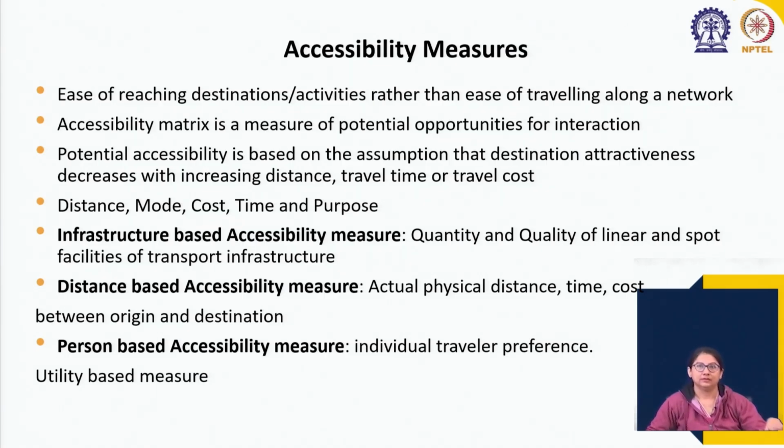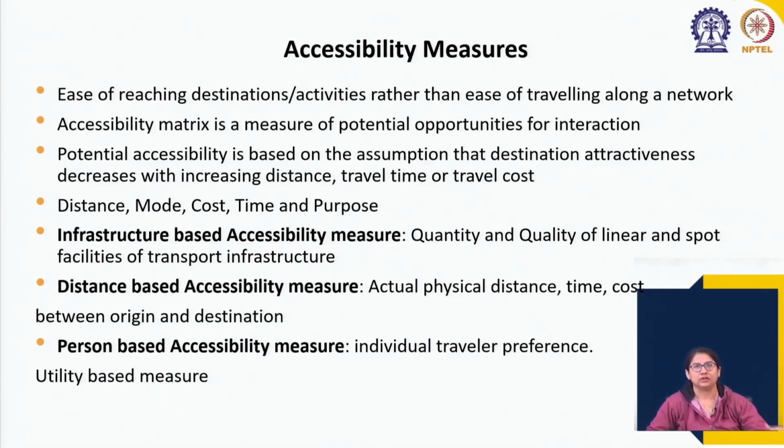Of the major types of measures of accessibility, we can categorize them into 4 categories. The first one is the infrastructure based accessibility measure. Here, the quantity and quality of linear and spot facilities of transportation infrastructure is measured.